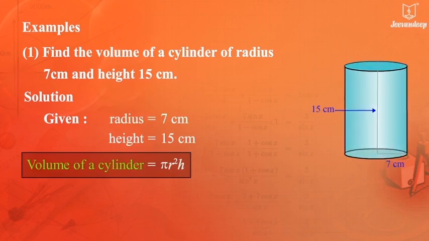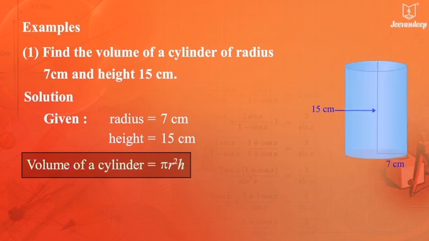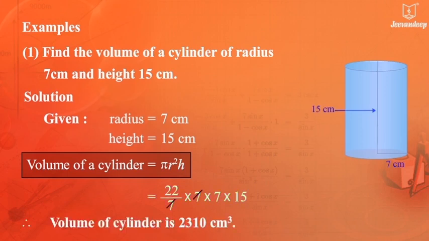Volume of a cylinder equals pi r square h. Putting the values, we get 22 upon 7 multiplied by 7 into 7 into 15. Therefore, volume of the given cylinder is 2310 centimeter cube.